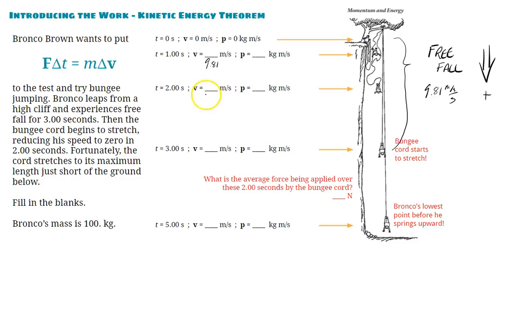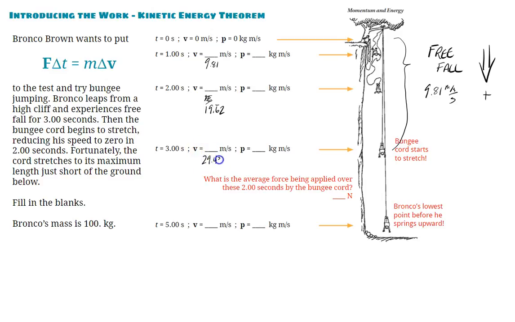After 2 seconds then, he's got 9.81 plus 9.81, so that's a total of 19.62. And I think we got 3 sig figs on this, so let's just assume 3 sig figs. And then he falls for a third second, so we have to add another 9.81 to that, and so we get 29.43.